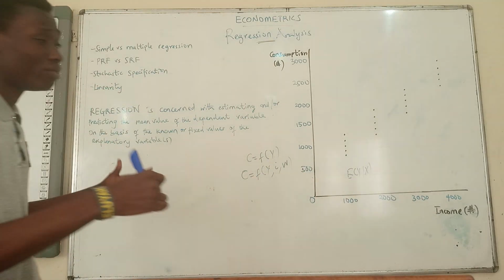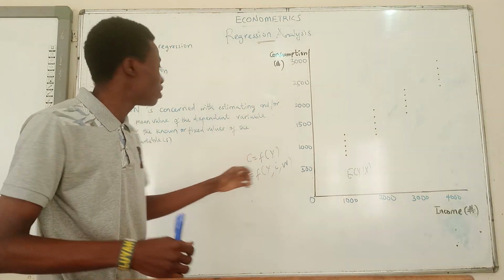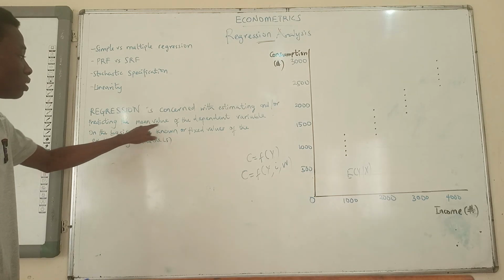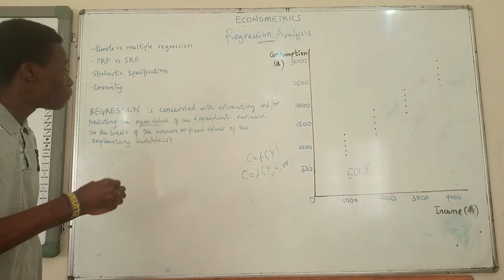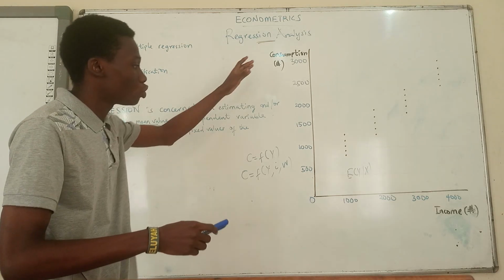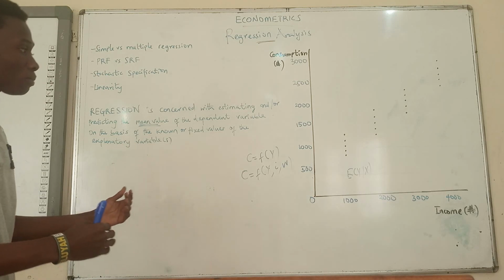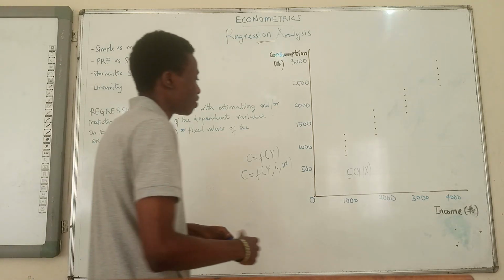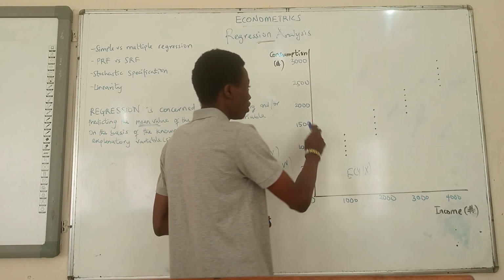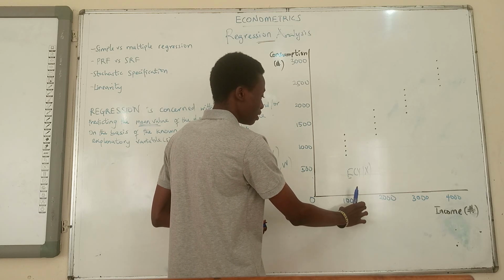So what's the advantage? Why are we discussing regression? With regression, we can estimate what to expect on average, the mean value. We can estimate what will happen on average to consumption as income increases or decreases. Since we are considering the average, we see different consumption levels for families in this bracket, right?